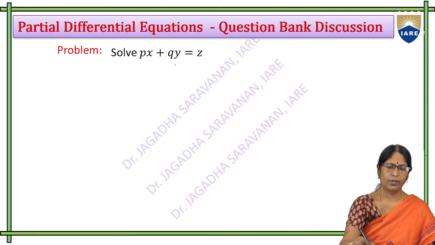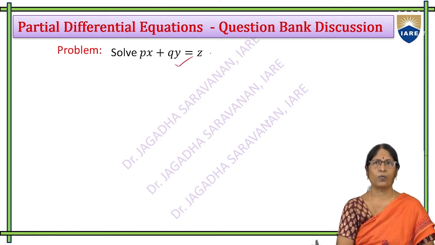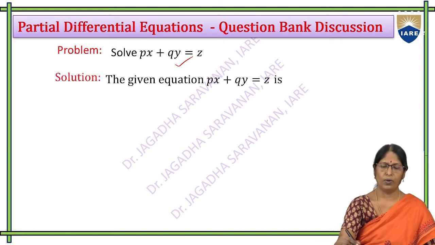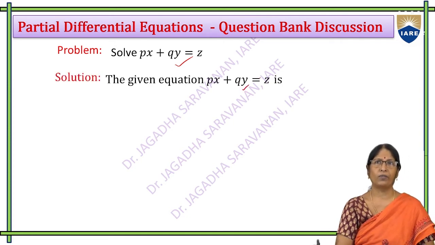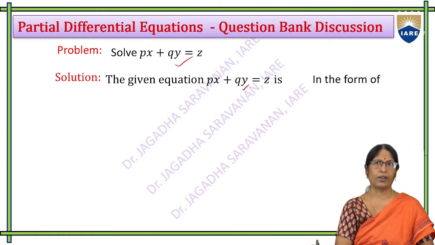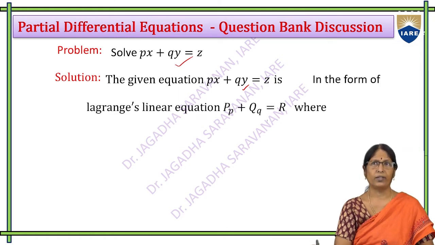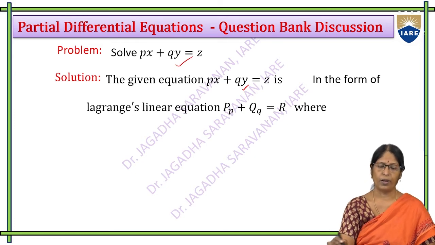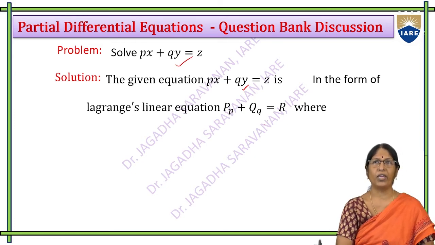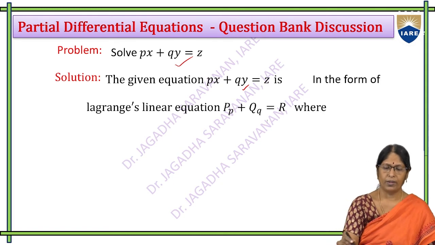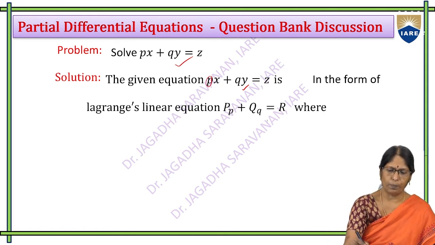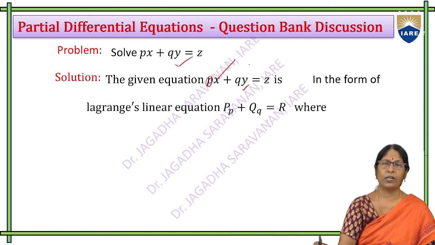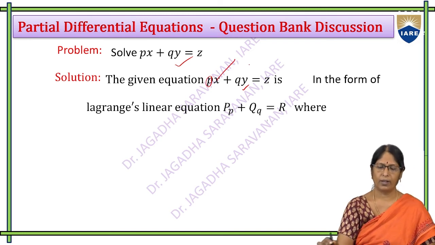So now, this is a question from our question bank: px plus qy is equal to z. We notice the given question is in the format of Pp plus Qq equal to R. This is capital P, which is equal to x.